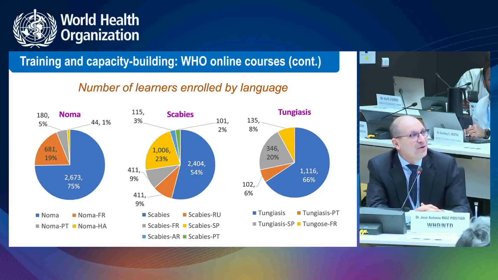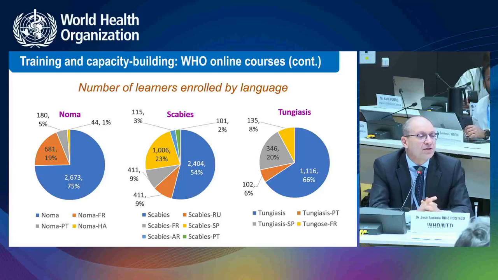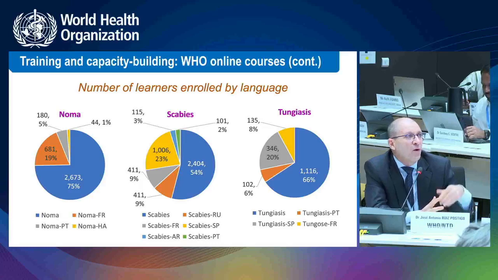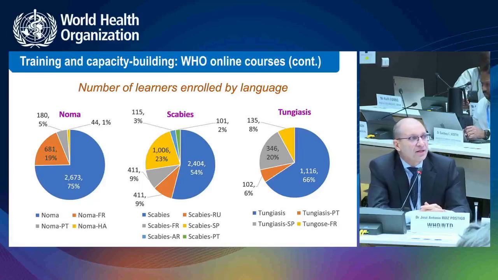Then when we look at, for instance, French in NOMA or Spanish in tungiasis and scabies, it's around 20%. For us, it's a question mark, and we need to think further why, when we go to languages like Portuguese, French, Russian, in some courses, it's below 10%.